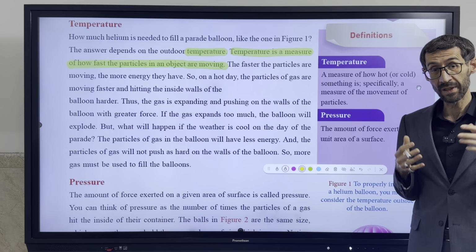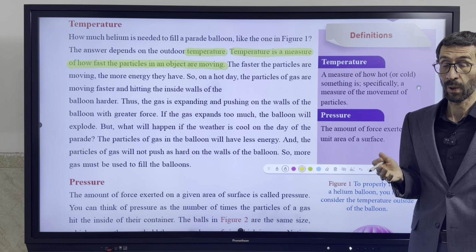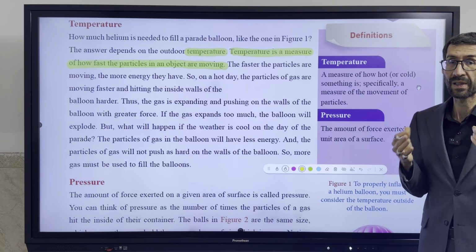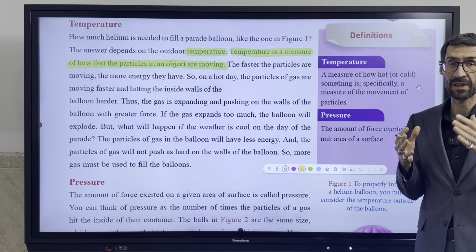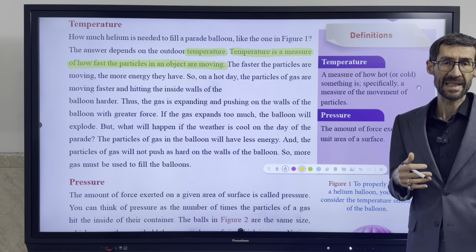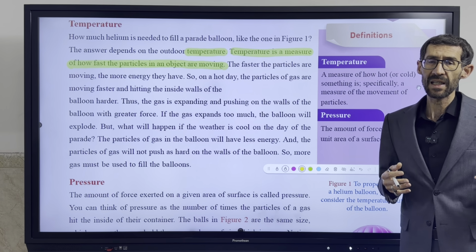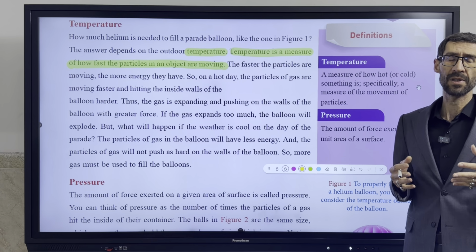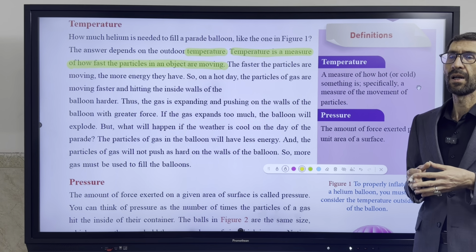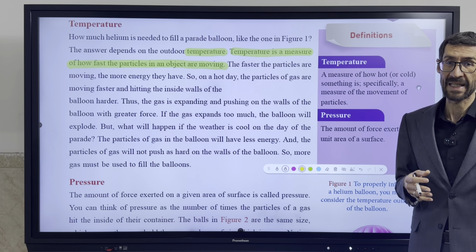But ordinary people don't know what this temperature is. Only students know what this scientific temperature is. For example, if you ask someone who is not a student what temperature is, he or she says temperature is a measure of how hot or cold something is.